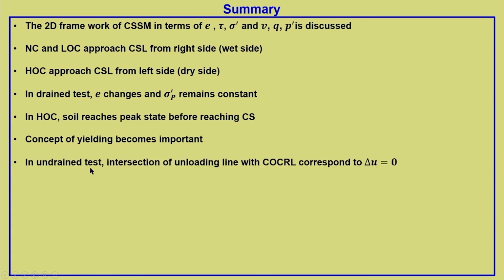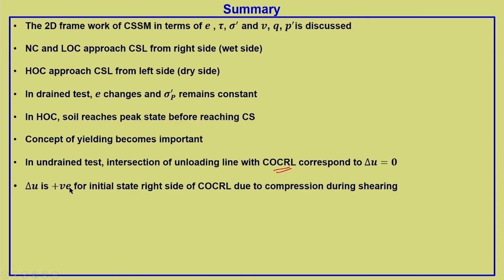That is the reason why we will be discussing yielding of the soil in our subsequent lectures. In undrained tests, the intersection of the unloading line with the critical over consolidation ratio line corresponds to delta U equal to 0. In some cases this is considered as the critical state line as well. Delta U is positive for an initial state on the right side of the critical over consolidation ratio line due to compression during shearing.